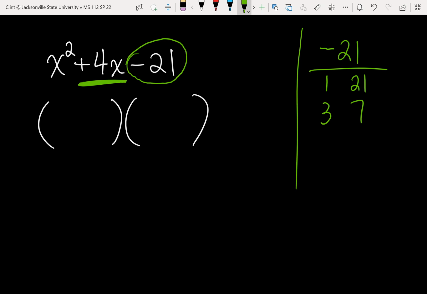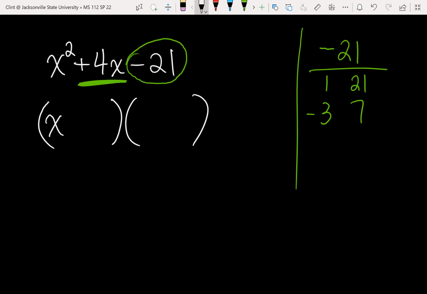So we look at 1 and 21. That's not going to work, because we get negative 20. We do that with 3 and 7: we get negative 3 and positive 7, which gives us 4. So we're in good shape there.